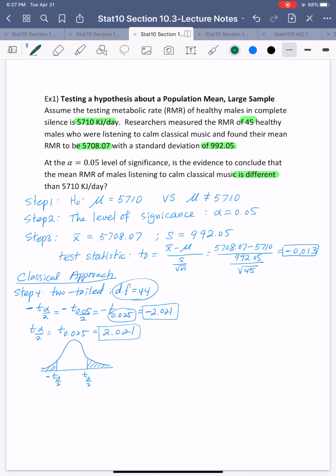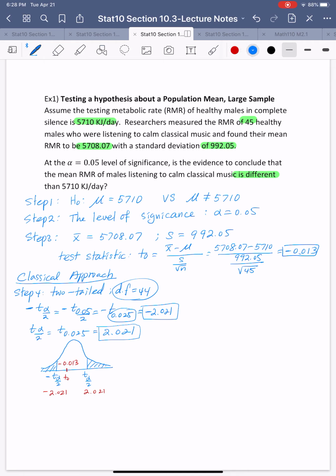This one is negative 2.021, and this one is positive 2.021. So t sub 0 must be here, which is negative 0.013, which means the test statistic does not fall into the critical region.